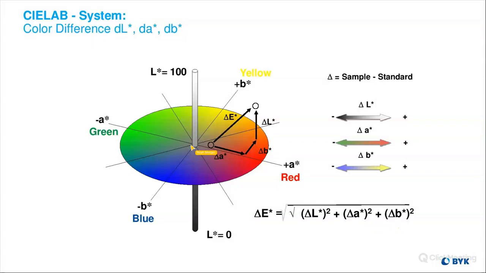But let's say you have a green color, and you can clear the way our eyes see green. I mentioned it before, our eyes have a hard time differentiating differences in green. And so what that means is your greens can have higher tolerances than your reds.